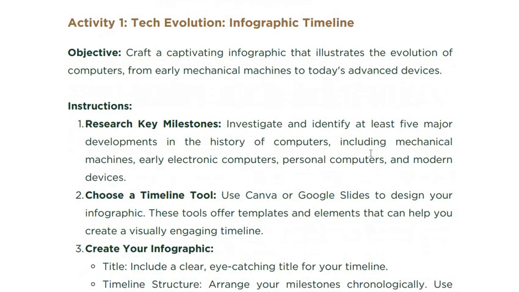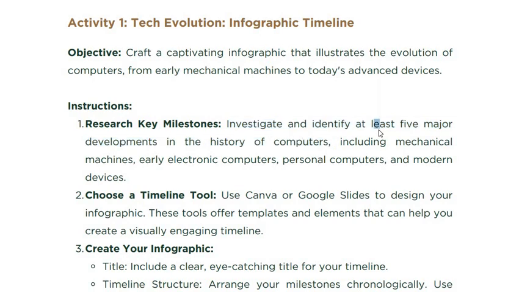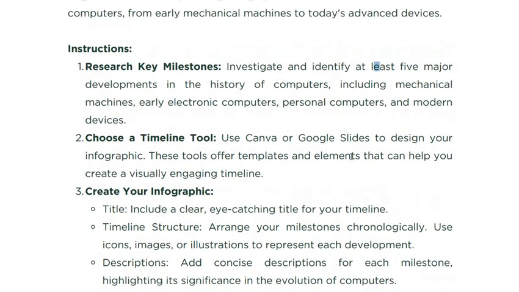Okay. So, for the instructions, you have to investigate and identify at least 5 major developments in the history of computers. But, kung gusto ninyo dugangan, pwede man. At a minimum of 5. Including mechanical machines, early electronic computers, personal computers, and modern devices.